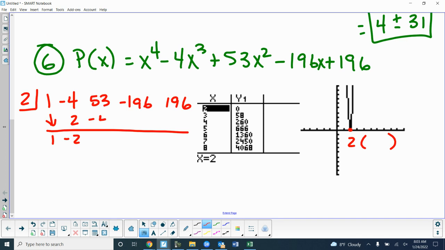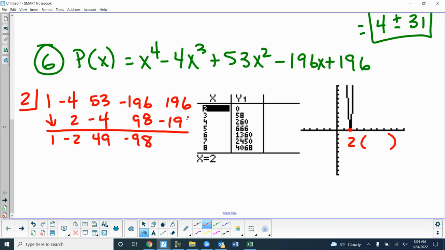Two times negative 4. What's that? 2 times 49 is 96. That doesn't seem right. Oh, because it isn't. It's 98, right? Yeah. Negative 98.